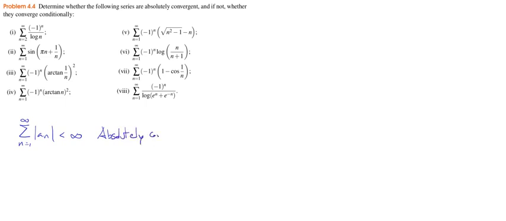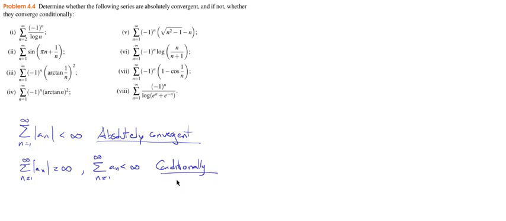That means the series of the terms taking all positive terms, the associated series of non-negative terms, is convergent. But if this is divergent, but the series of alternating terms is convergent, then we say it is conditionally convergent.